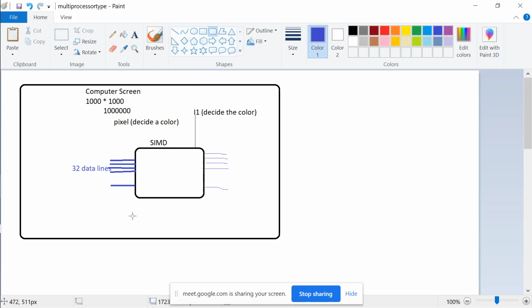And if I have two SIMDs, so let's take this.